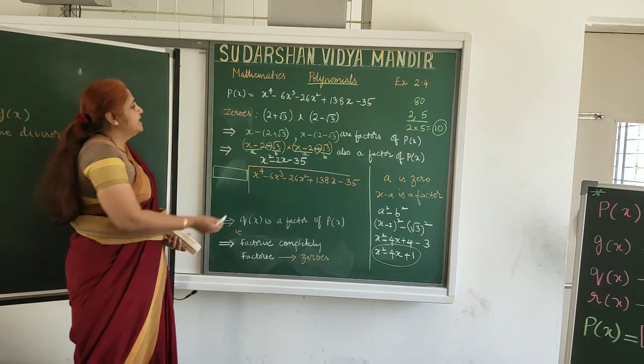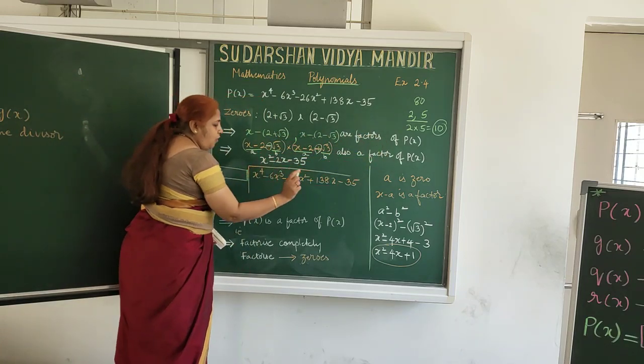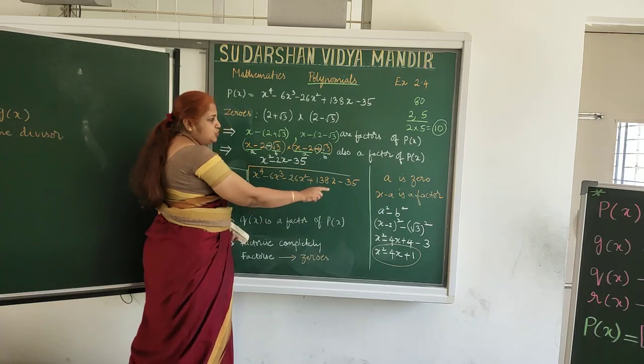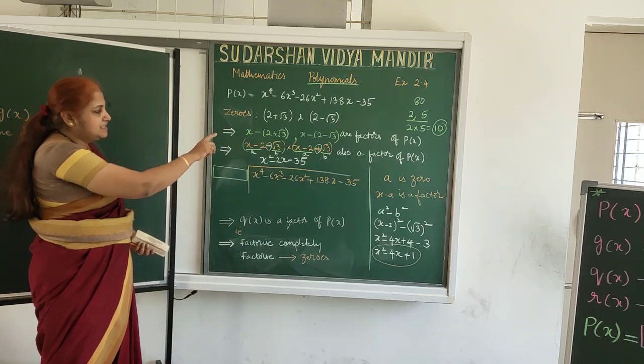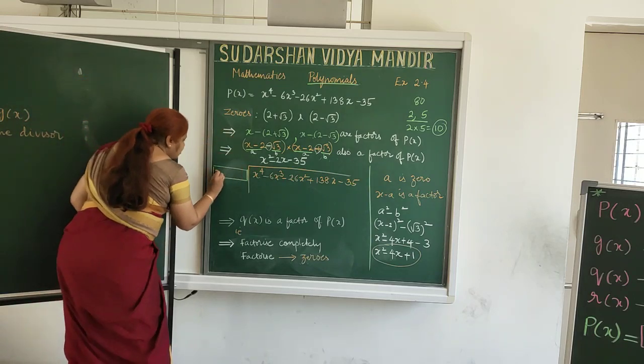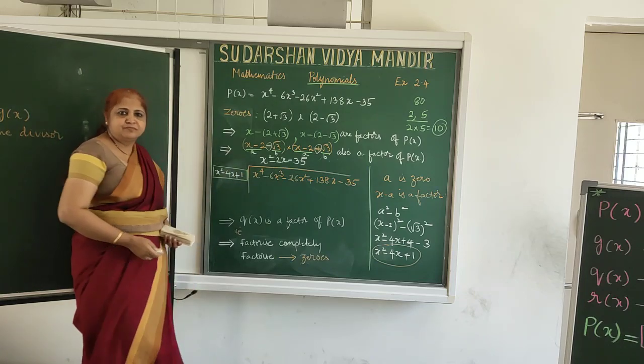Now we are saying that since these two are factors of p of x, the product will also be a factor of p of x. Which is the product now? It is x squared minus 4x plus 1.